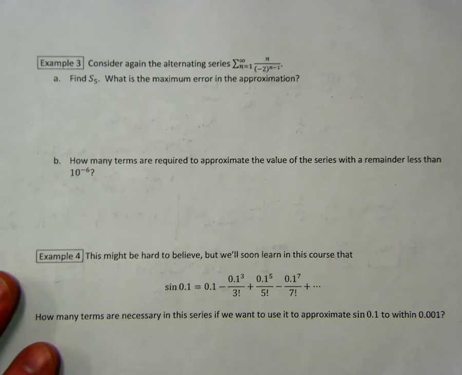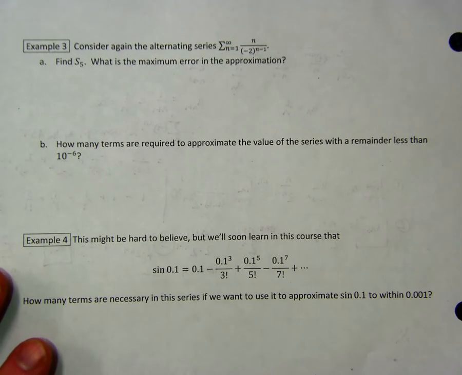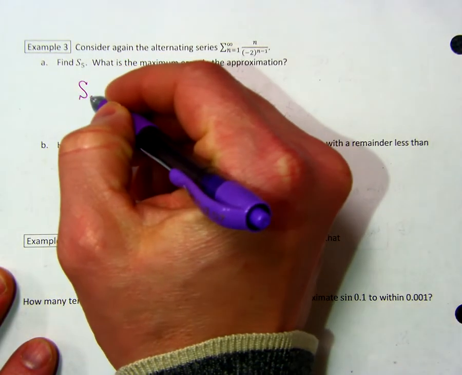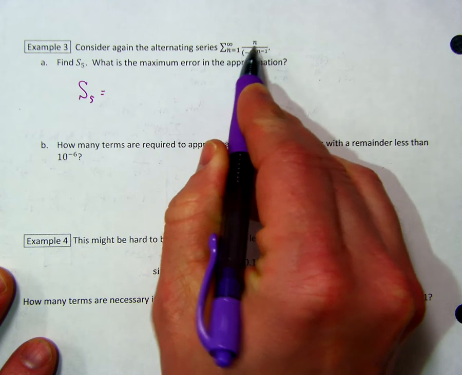Considering the alternating series we did in the previous example, suppose we find the fifth partial sum. We'll start at 1.